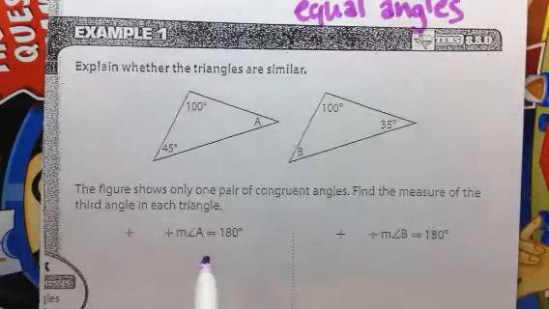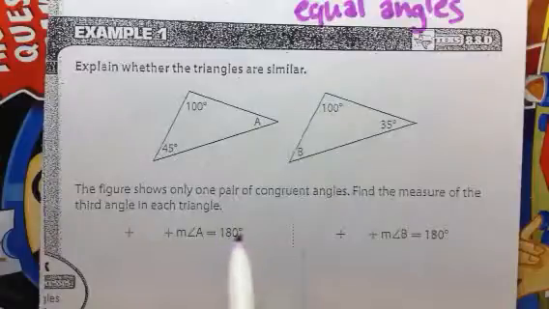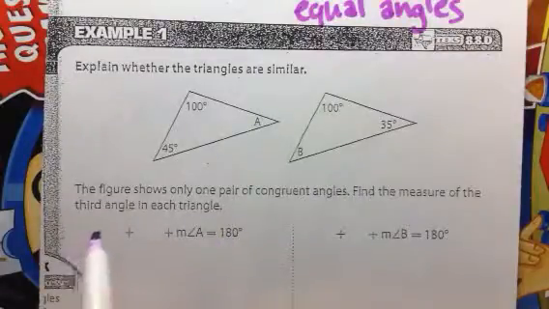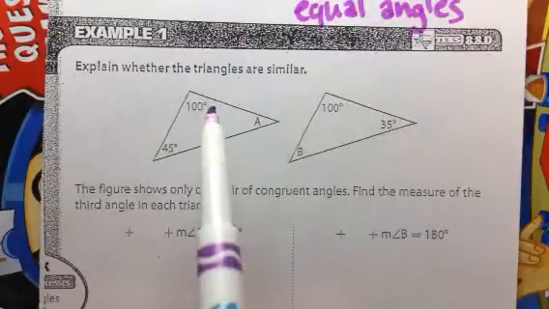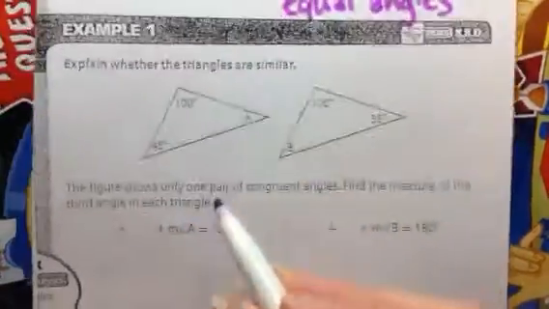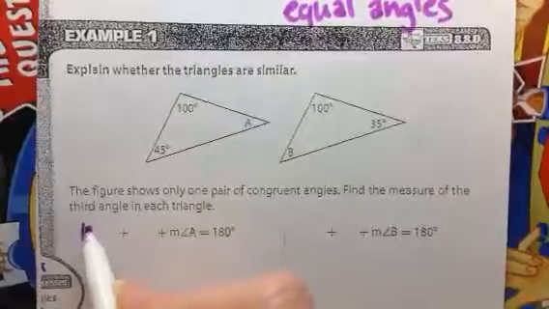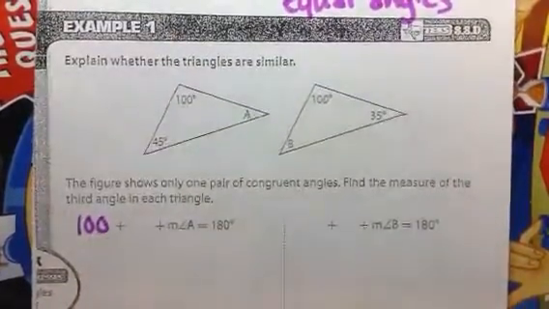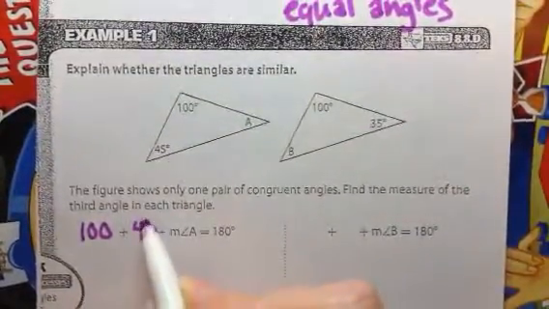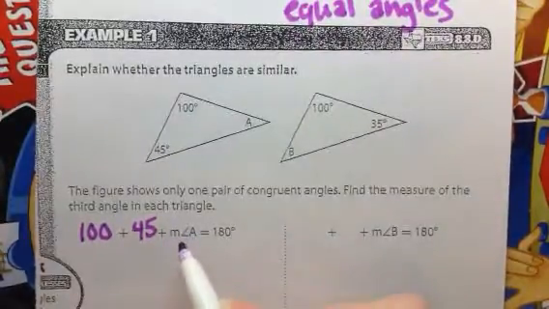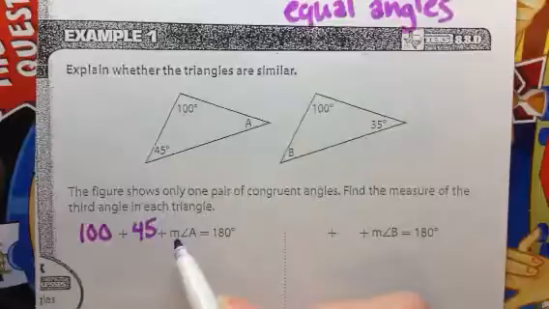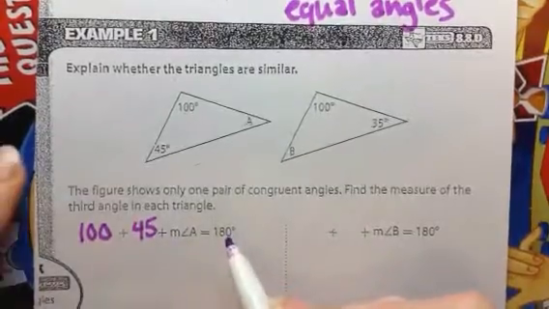So last week we worked on angles within the triangles, and so we know that they all have to add up to be 180 degrees. So for this first triangle, they want me to take and add the ones that I can already see. So fill in 100 plus 45, and then they're adding the measure of angle A, which is the one that we don't know. But we know all three of them added together is 180 degrees.